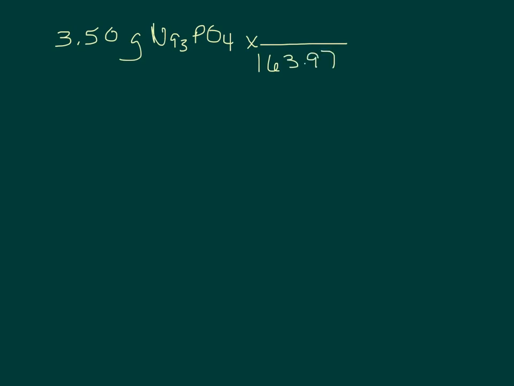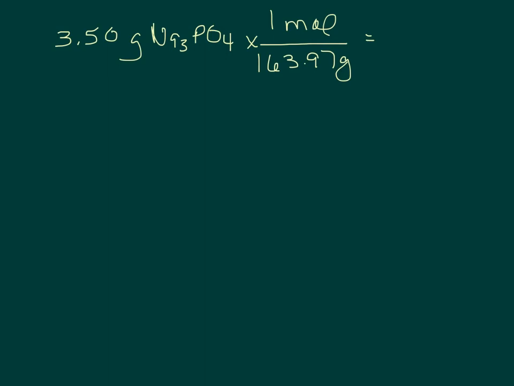Take both of your given amounts and convert them to moles. So we'll start with our 3.50 grams of sodium phosphate, which is 163.97 grams per mole.